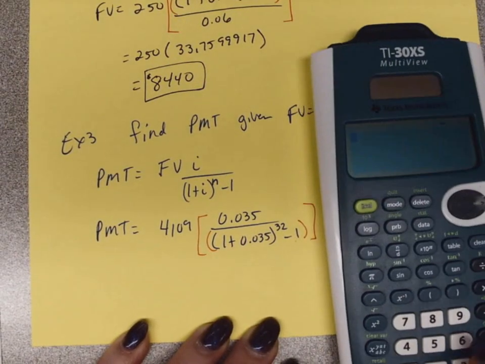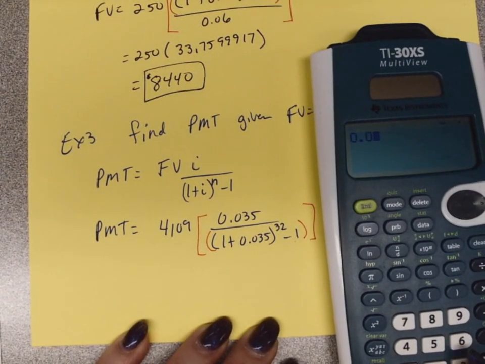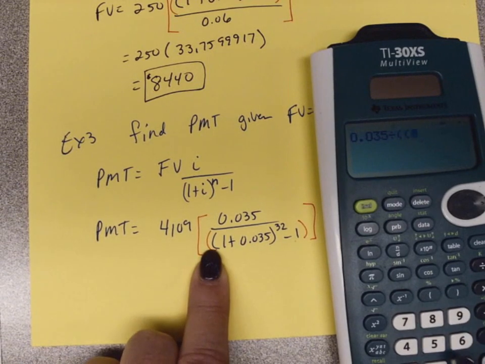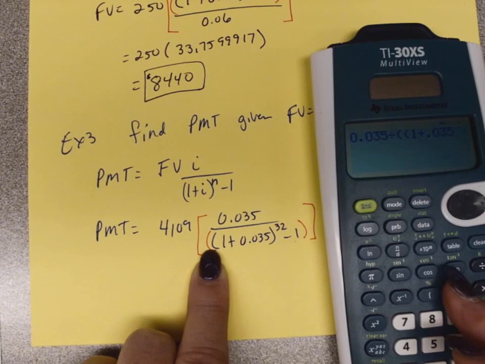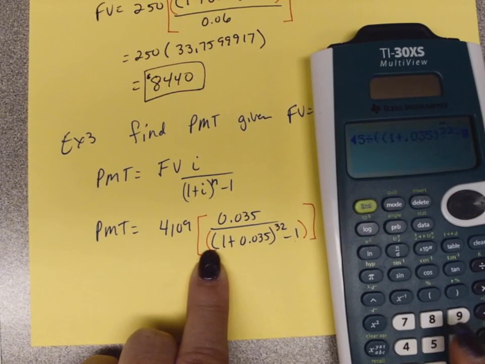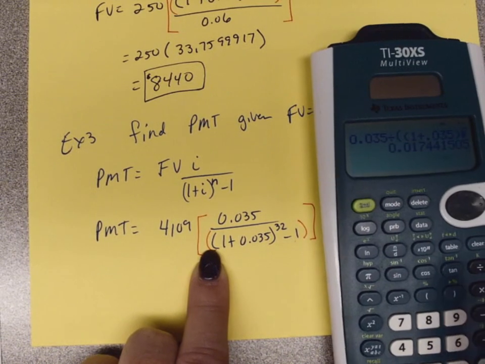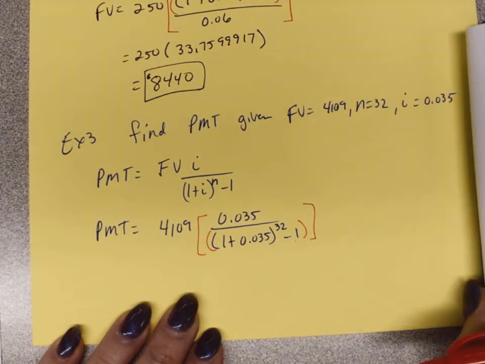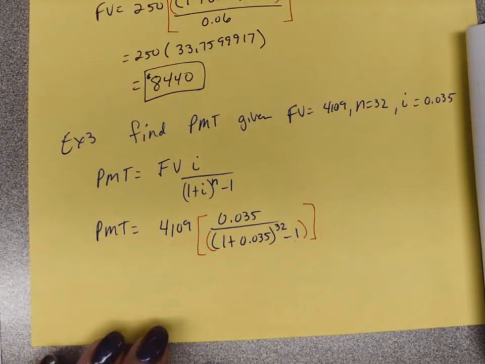We're going to have our 0.035 divided by parentheses, 1 plus 0.035, close the parenthesis, raise to the 32, back it back down, minus 1, close the parenthesis. And we should get 0.017441505. Let me write that down.